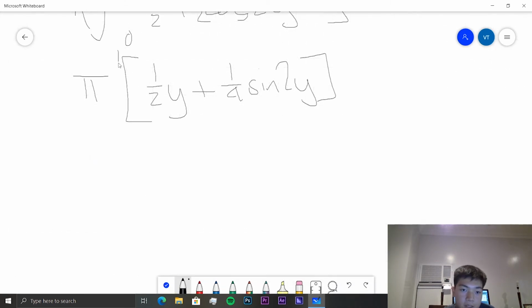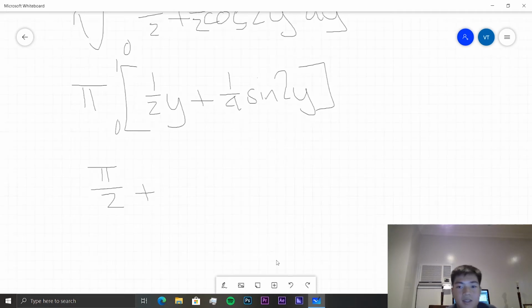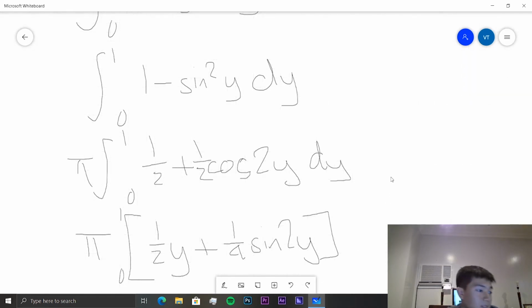So this is equal to 1 times 1/2 y, 1/2 pi over 2, plus sine 2, wait, sine 2 doesn't exist. What in the world? What are these limits?